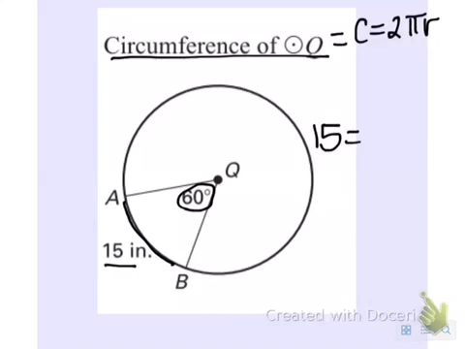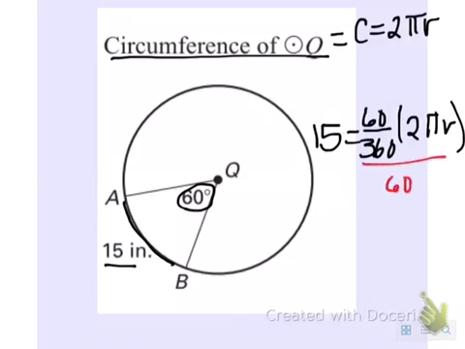I know that's part of the circle, 60 over 360, and I multiply that by the circumference, 2 pi r. So in order to solve for the circumference, I'm going to divide both sides by the fraction, 60 over 360.